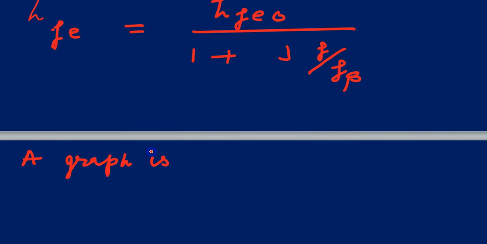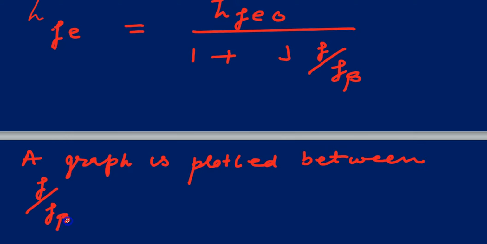So this relation tells you with increasing F, HFE comes down. So a graph is plotted between F upon F beta versus HFE.